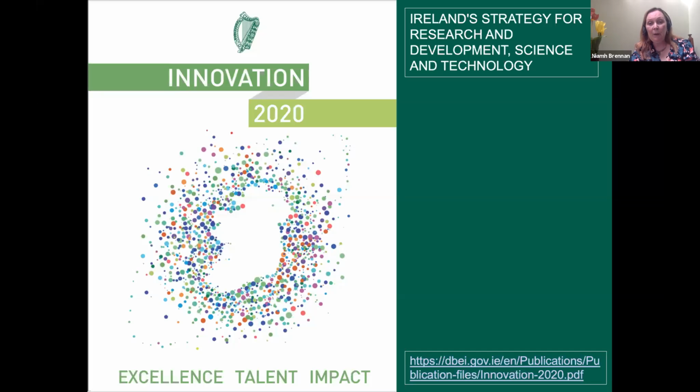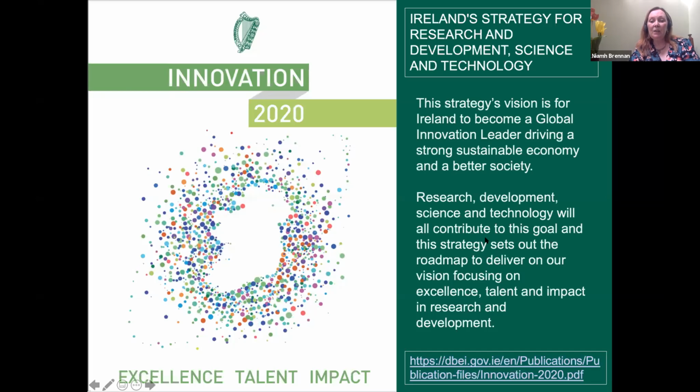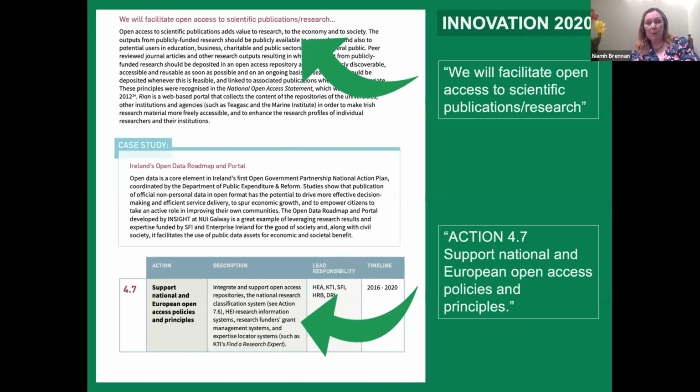From the very beginning, way back, we did that. This is Innovation 2020, Ireland's national policy for development of our science strategy and research innovation strategy as well. And right in the middle of that Innovation 2020 policy is open access, saying that we will facilitate access to scientific publications, science meaning, of course, all disciplines, and also that we're going to join up, integrate and support open access repositories, a national research classification system, the universities' research information systems, the grant management systems, and all kinds of things like that.